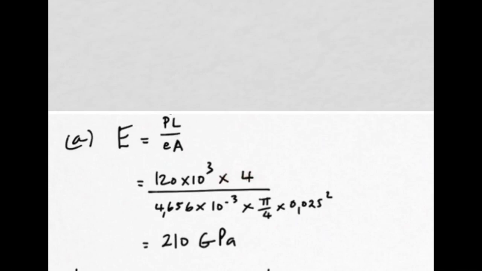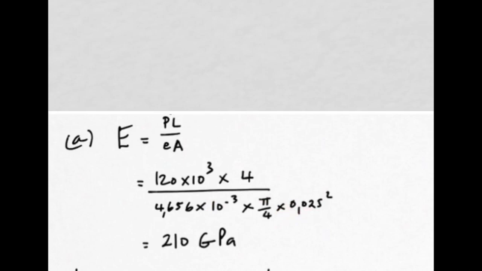Remember that we go in with units in the base SI units. That's how they go in, so that's meters. At the bottom, 4,656 times 10 to the minus 3. That's a convenient way of expressing millimeters as meters, or converting millimeters to meters. There we go. And the area, the cross-sectional area of the 25 millimeter bar would be pi over 4 times d squared.